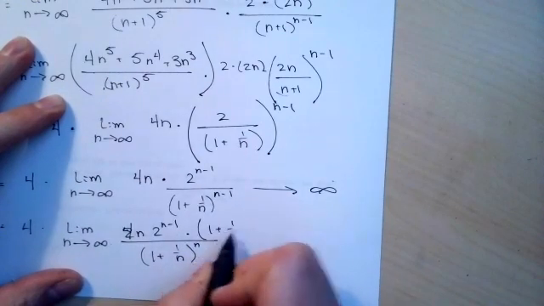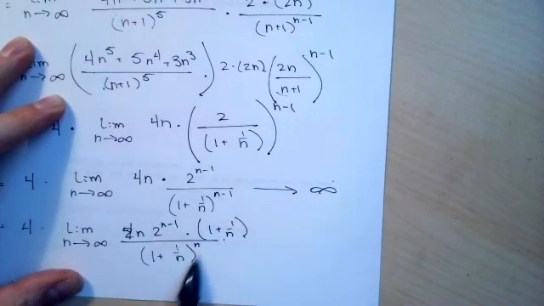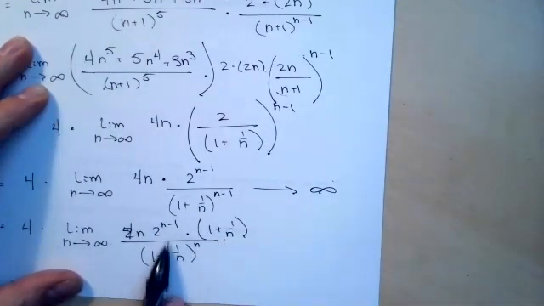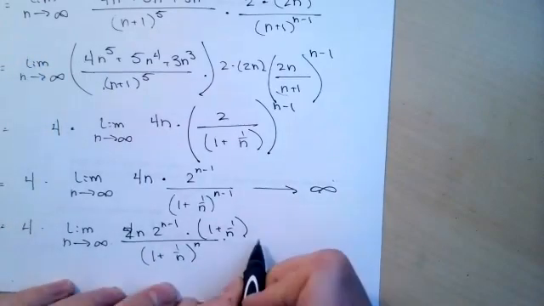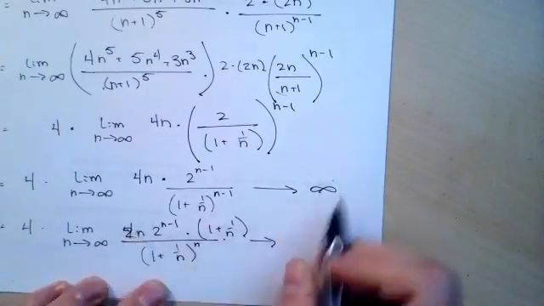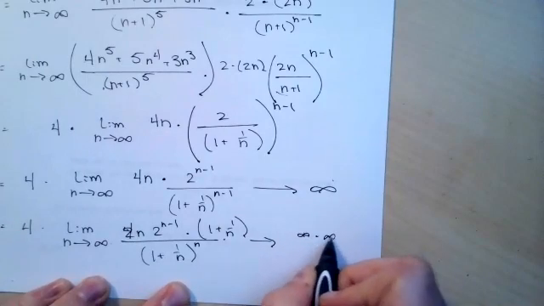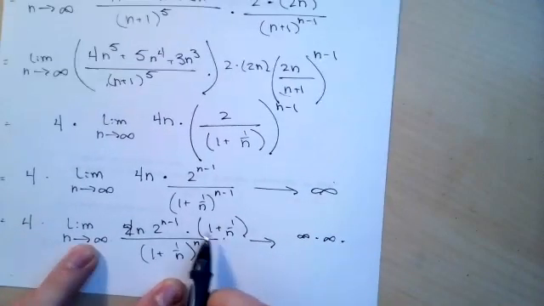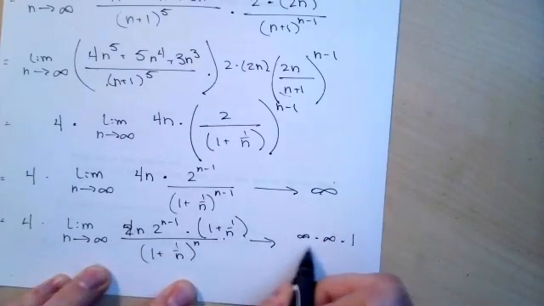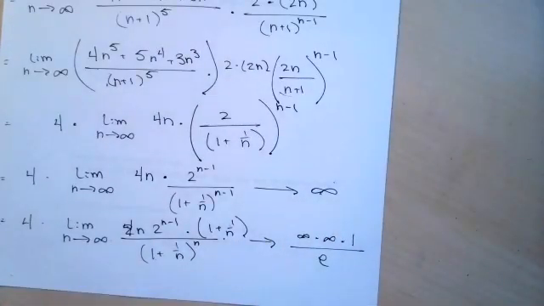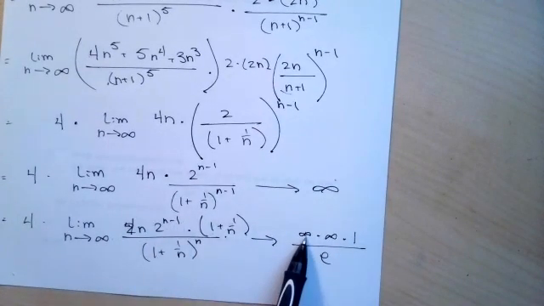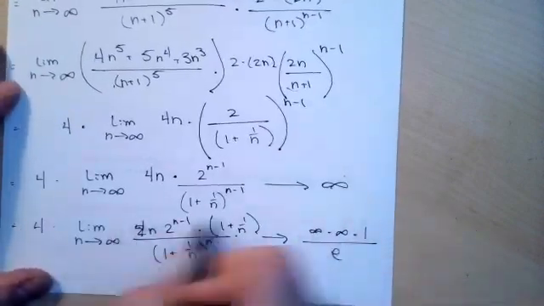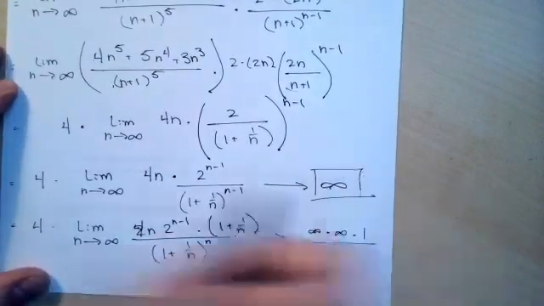Again, we can manipulate these terms to have it something like this. The limit as n goes to infinity of this term is just going to be 1, and then the denominator is going to go to a constant, e. So since we have these 4n and 2 to the n minus 1 in the numerator, our limit overall is going to infinity.